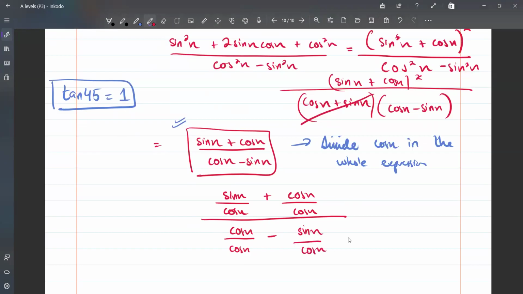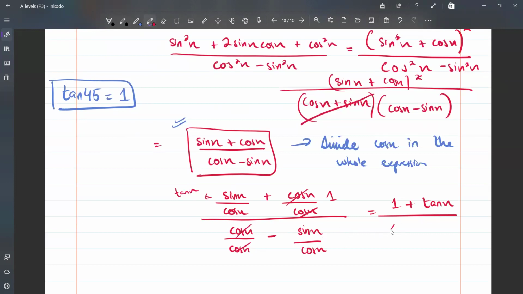Sine x over cos x. Now this and this cancel out, and sine x upon cos x is equal to tan x. We can write this as tan x plus 1, or 1 plus tan x. All right, this is 1 and this is tan x.